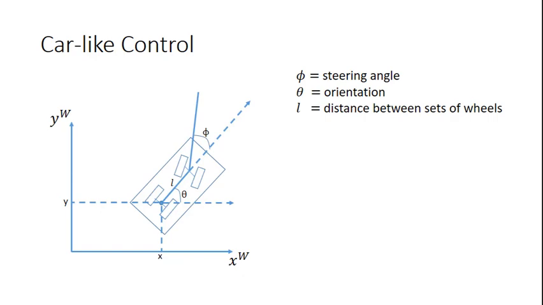I briefly want to talk about carlike control, or control for carlike robots: how we represent motion for a carlike robot, or how we define a set of equations that tells us how to move a carlike robot. I'm going to jump straight into the velocity values.